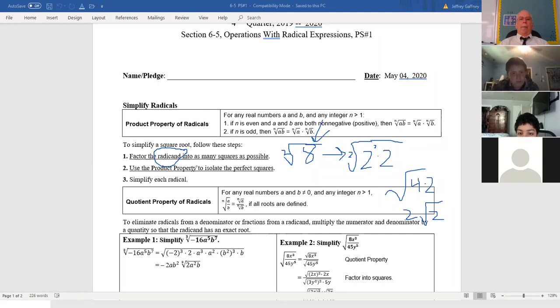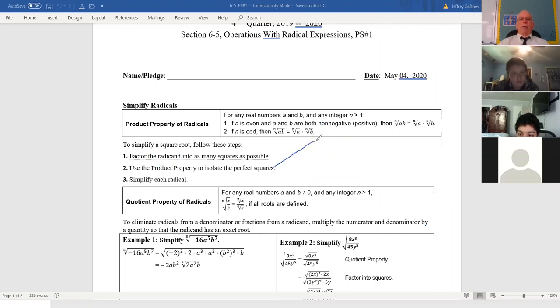All right. Hearing no complaints, let's do this next one. What this is saying is use the product property. You know what product is, right? Use the product property to isolate perfect squares.